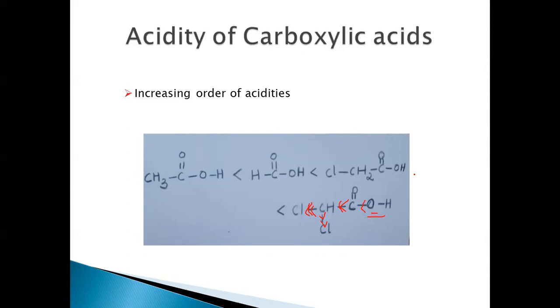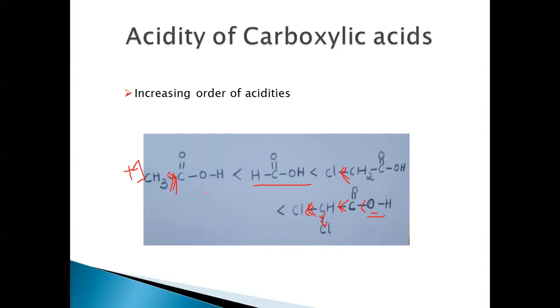When we come to chloroacetic acid, there is only one electron withdrawing group here. So this is less acidic when compared to dichloro, but more acidic when compared to formic acid. When we come to acetic acid here, the CH3 is an electron releasing group. This is a plus I group.